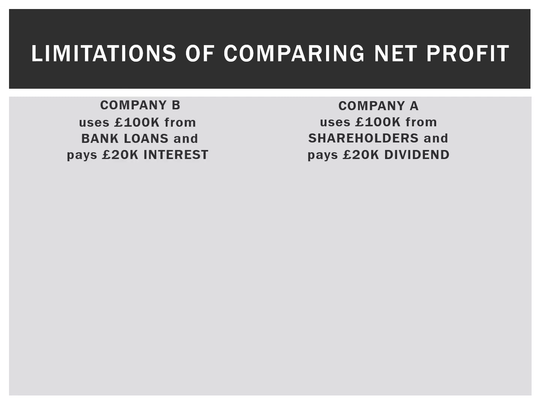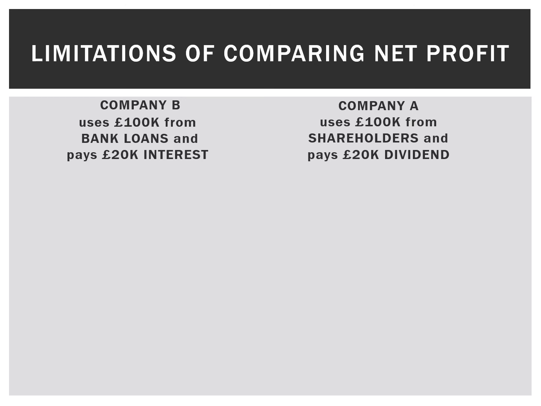Company B also gets £100,000, but instead of getting it from shareholders, it borrows that money from the bank, and instead of paying dividends to shareholders, they pay interest to the bank, in this example the same amount of 20,000. So two companies with the same amount of capital but from different sources, one from shareholders, one from the bank.